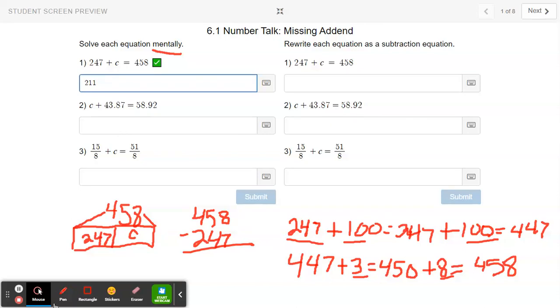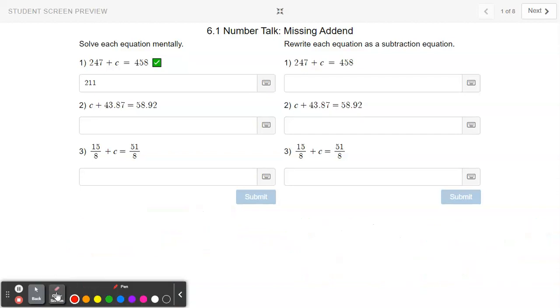Here we have a decimal, which, a lot of times that does kind of make people think, oh no, I'm not sure how to do this. But it works the same way, right? So for this one, I know that I have to add something on to 43 and 87 hundredths to get to 58 and 92 hundredths.